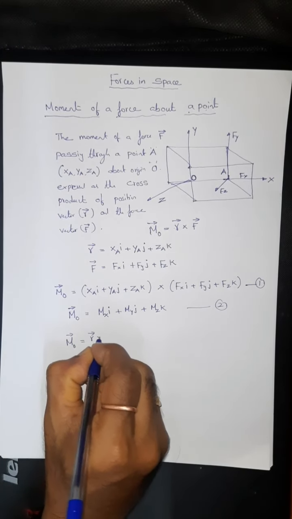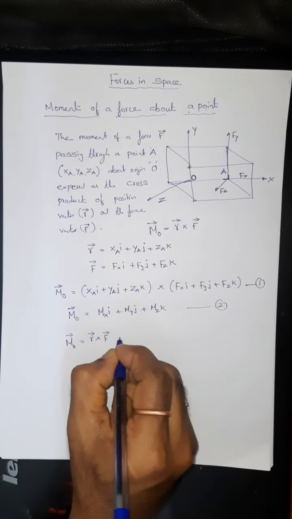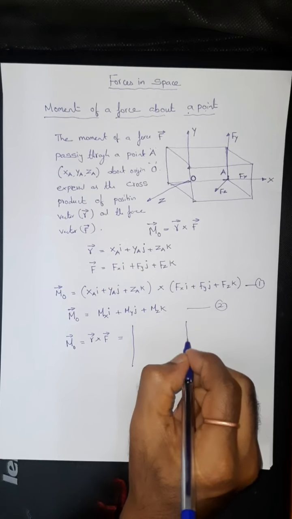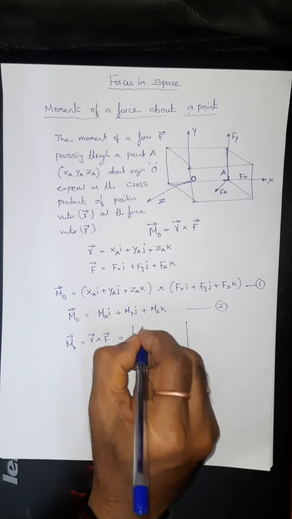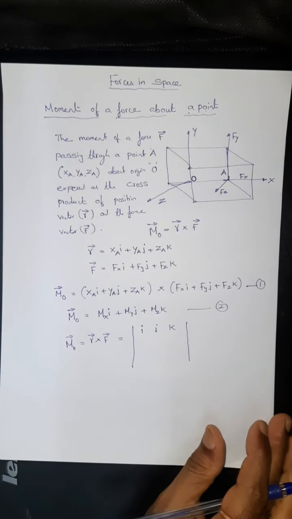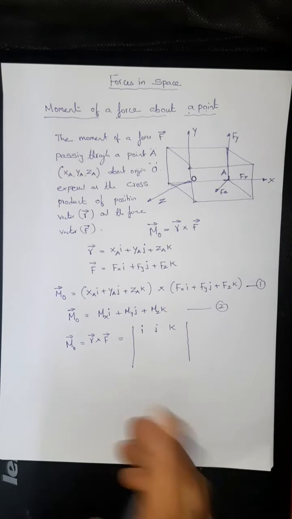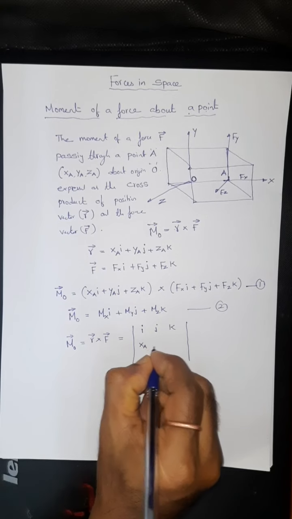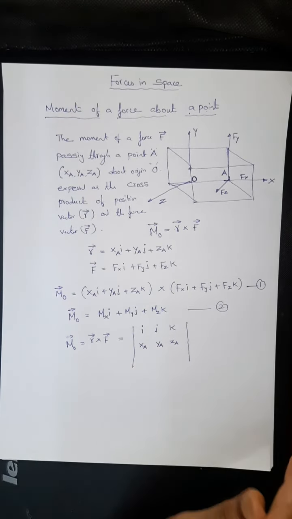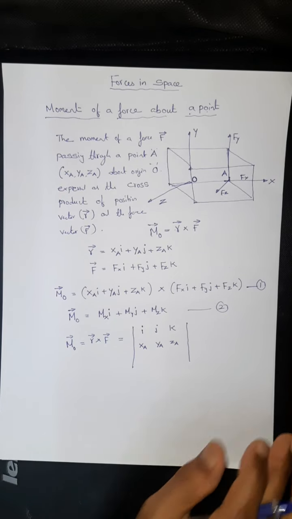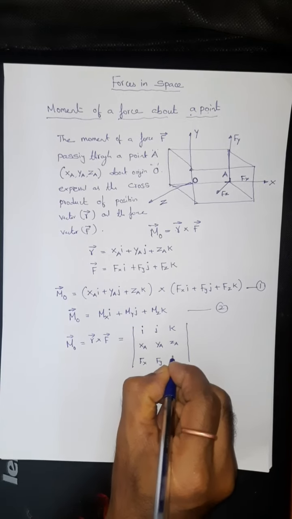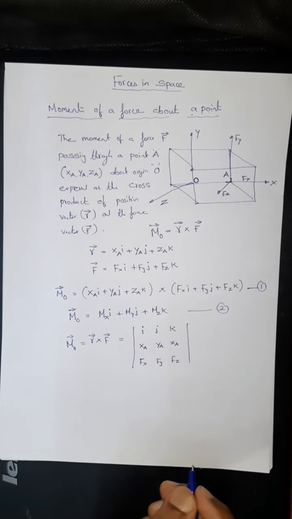So position vector into force vector can be represented by a determinant, with i, j, k, which are the components of the x direction, y direction and z direction, then the position vector x, y and z, that is the location, isn't it? That is the position vector, right? And the forces in x direction, y direction and z direction.